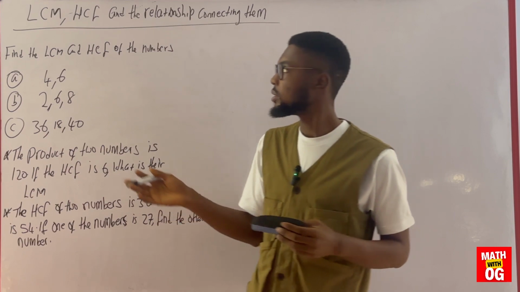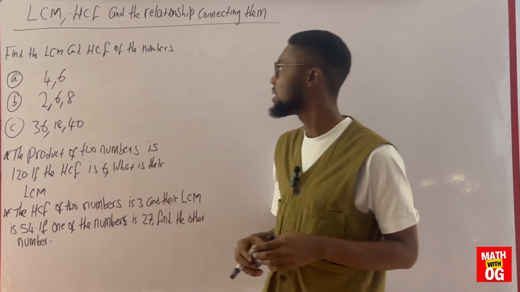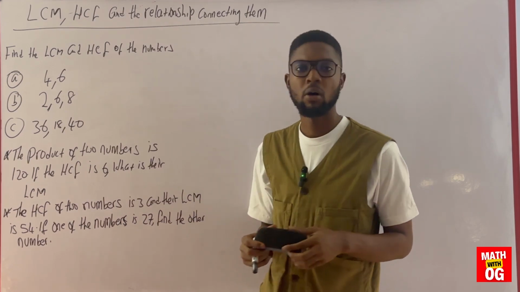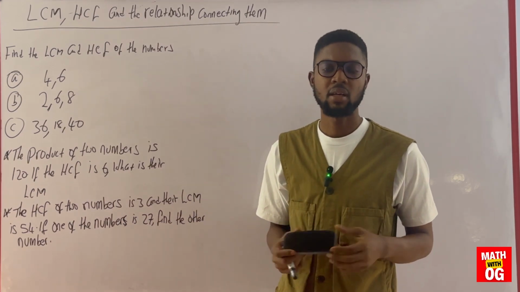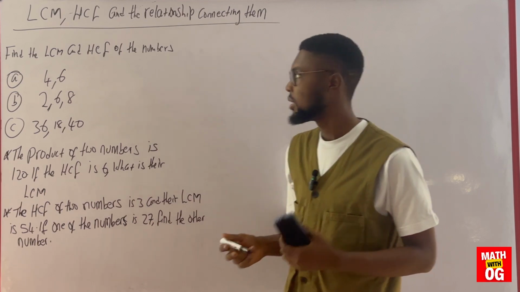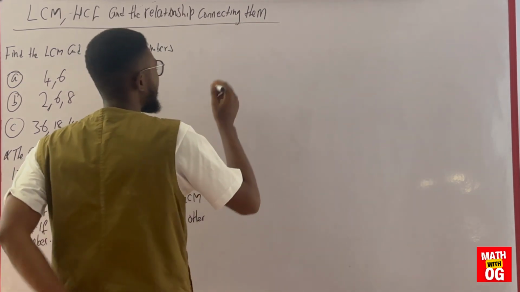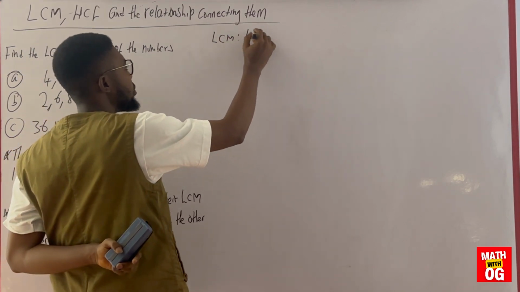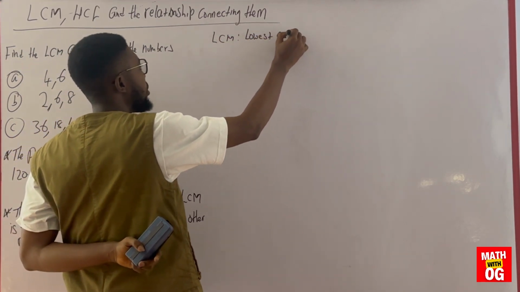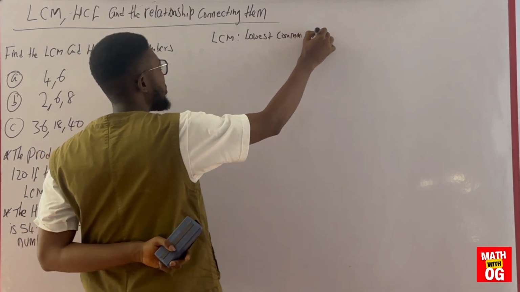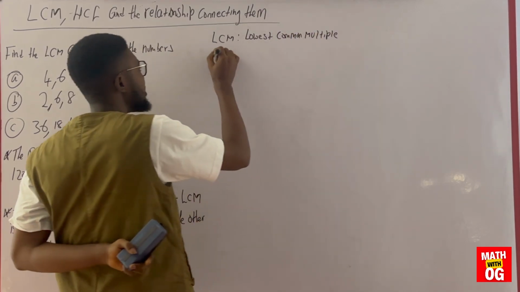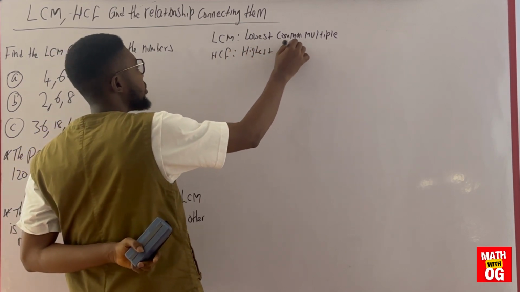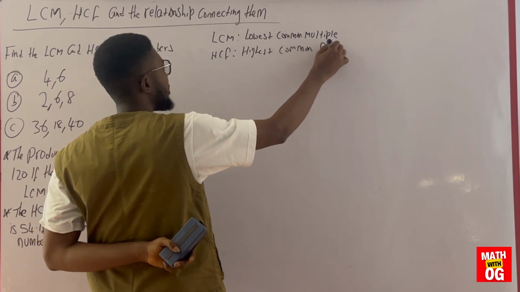Now, the first question here, we have to find the LCM and the HCF of the numbers 4 and 6. What is LCM? LCM, like it's boldly written here, is lowest common multiple, and HCF is highest common factor.